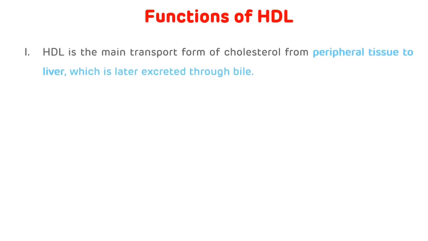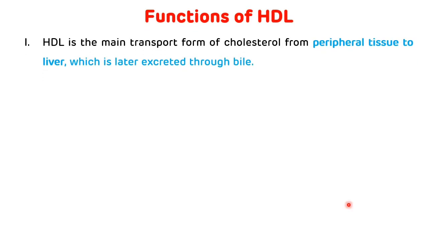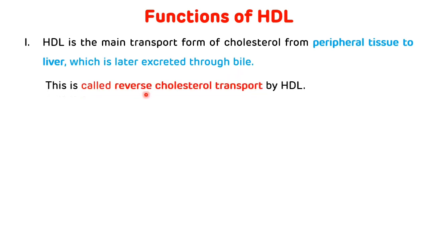Now we will see the functions of high density lipoprotein. HDL is the main transport form of cholesterol from peripheral tissues to the liver, which is later excreted through the bile. This is called reverse cholesterol transport by high density lipoprotein.